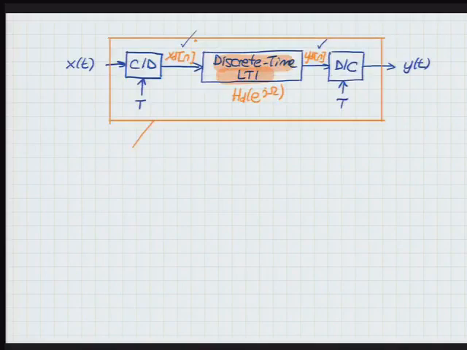Right? So we want to accomplish the following. I would like to build this discrete time algorithm. Remember, the reason I like this discrete time LTI system in the middle is it's one or two lines of code, depending on how complicated an operation we're doing.